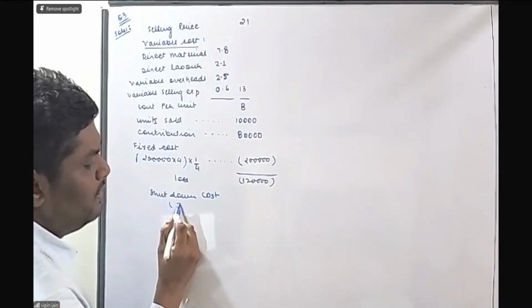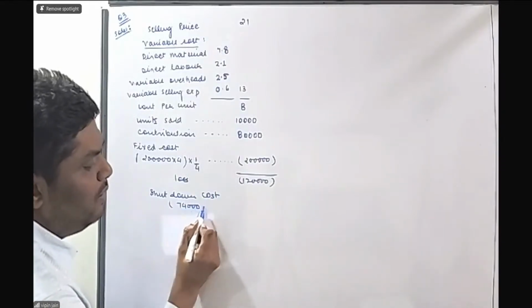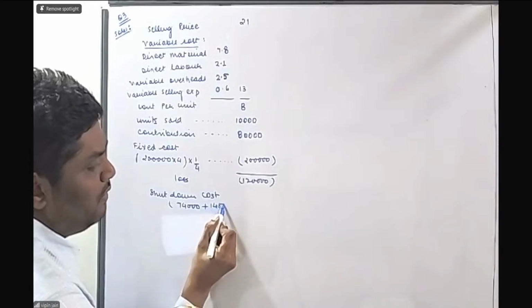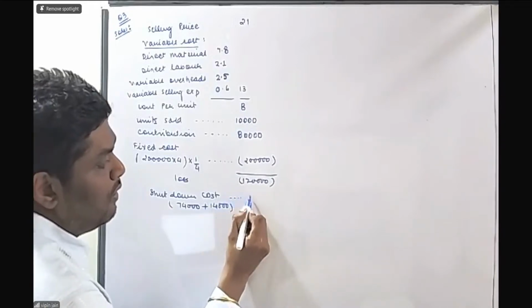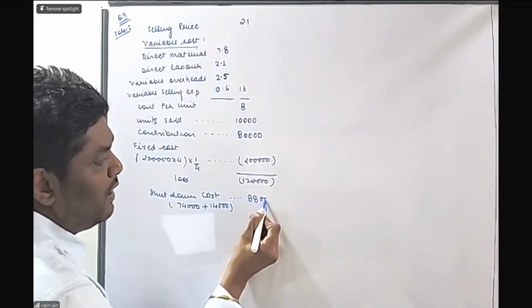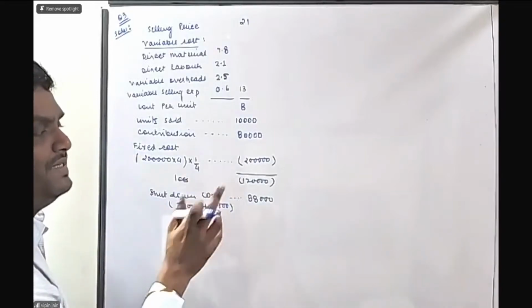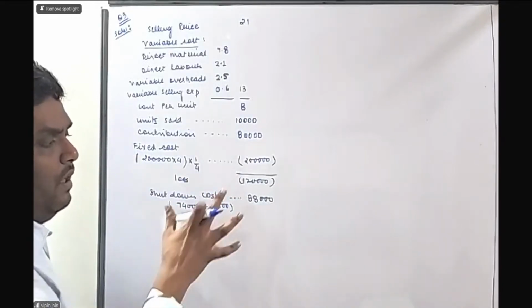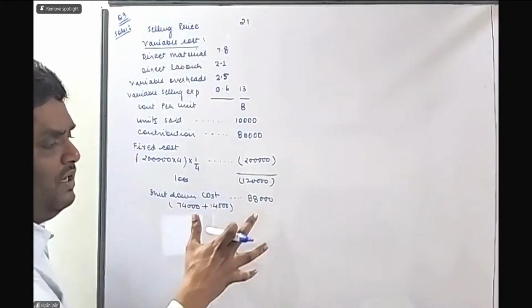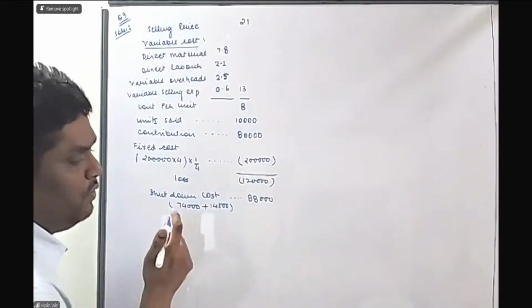When talking about the shutdown cost, it is 74,000 plus 14,000. That is 88,000. So if we continue with the operation, there is a loss of 1,20,000. But if we shut down the operation, there is a loss of 88,000 only.